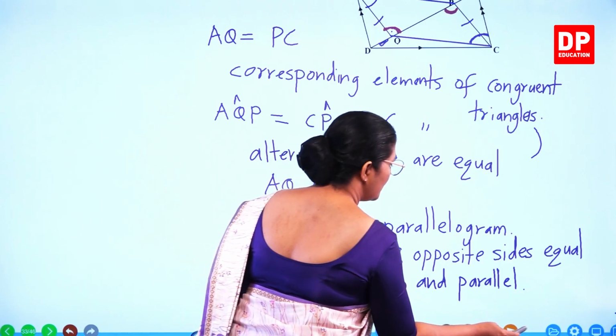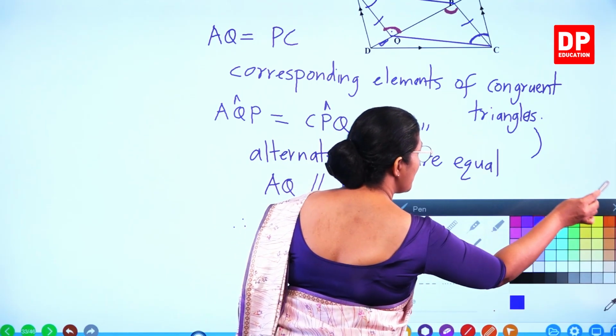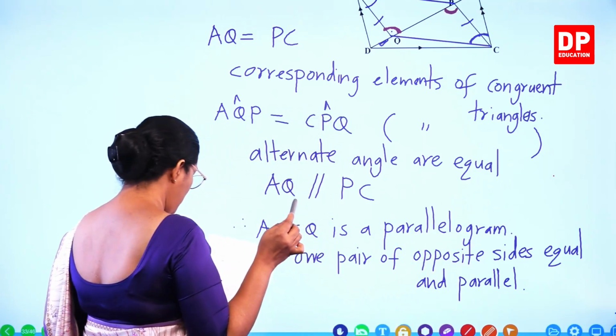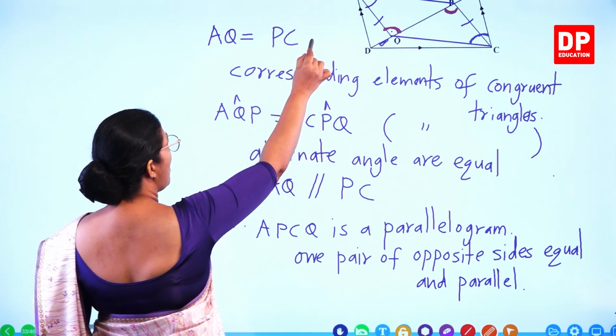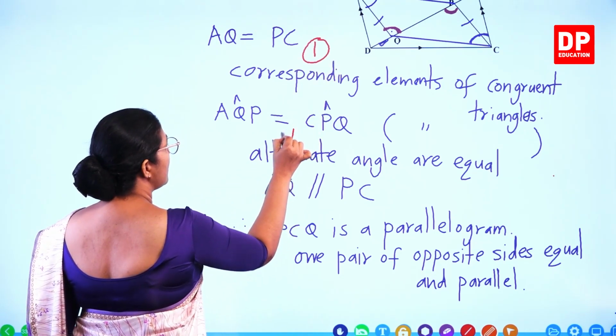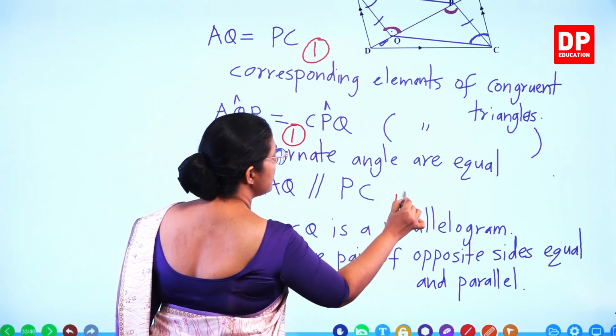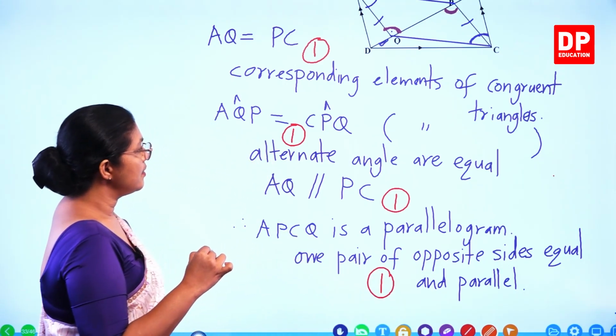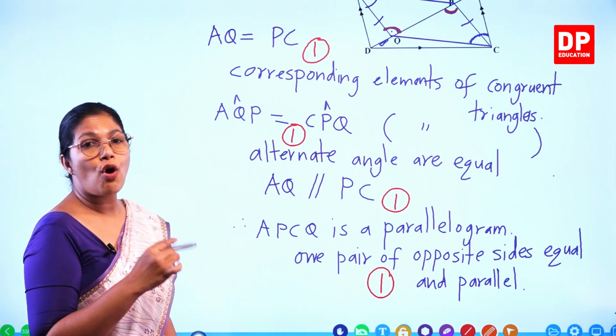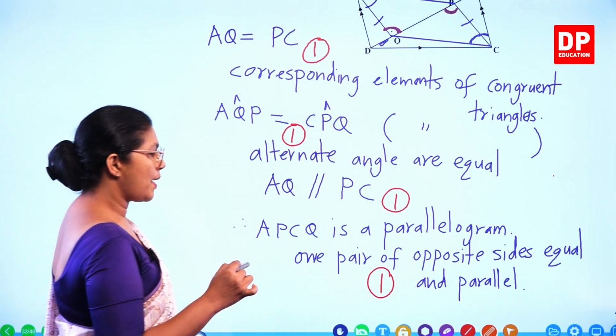So, how many marks for this one? You get 4 marks. 1 mark here, 1 mark here, showing that this is parallel, and giving the reason, you get 1 mark. So altogether 4 marks for this part.